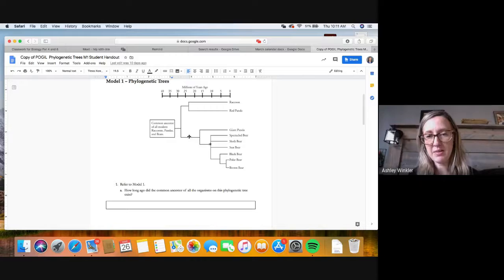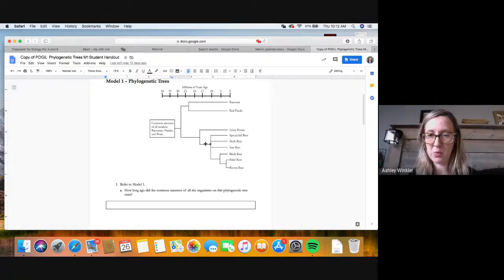Now here, there's got to be another set of traits that are shared by all of these bears and pandas right here. But as you move forward, again, there's some sort of split that happens, a divergence event. So the giant panda is diverging away from all of its other ancestors.